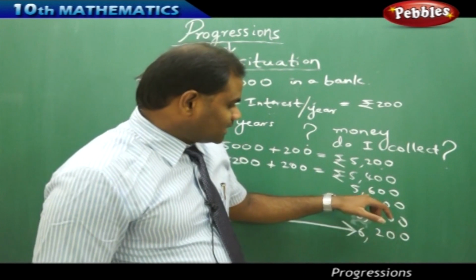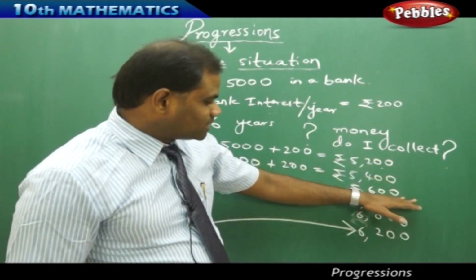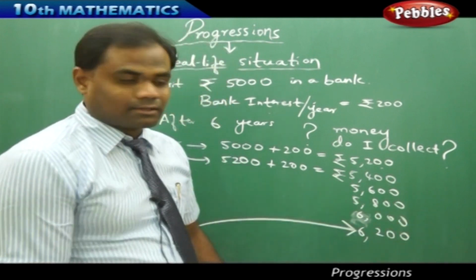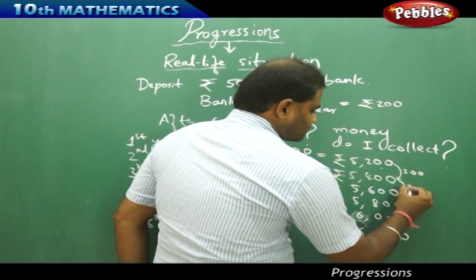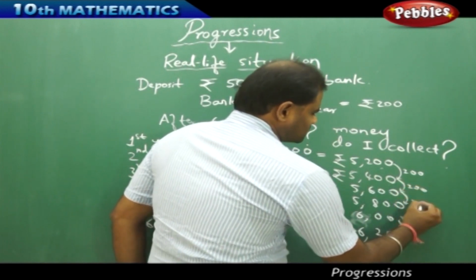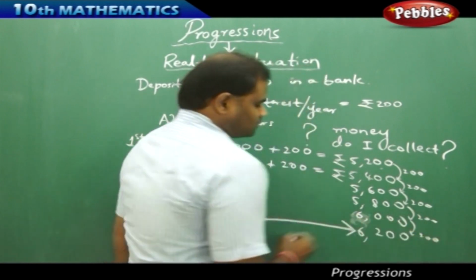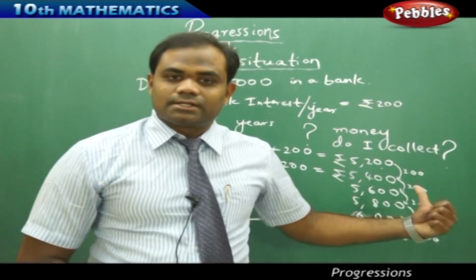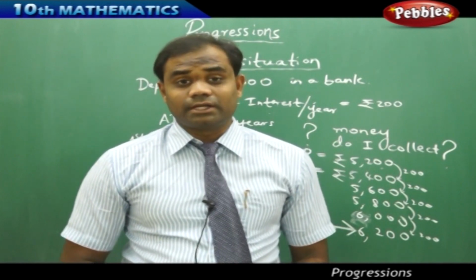Why do we know that this is increasing by 200? Because by the first 2-3 terms, we see there's a pattern where every time the amount increases by 200, and finally we get a pattern with this. This is an example of a pattern or a progression used in daily life.